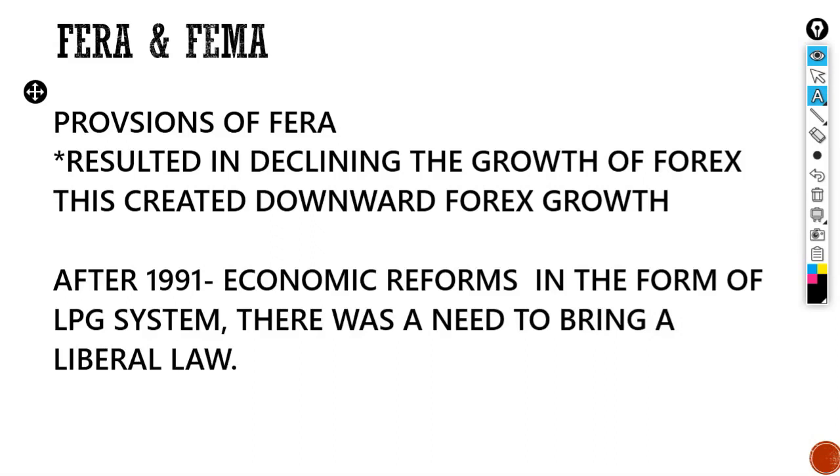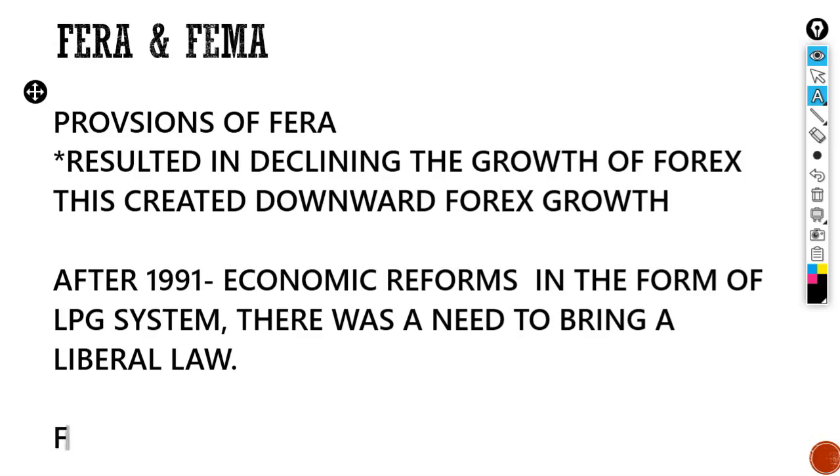So FERA had a very severely controlled rule, which resulted in declining the growth of forex, and it created a downward trend. So that's why after 1991, under economic reform, when the LPG system arrived, there was a need to find another way, a need to bring a much more liberal law.